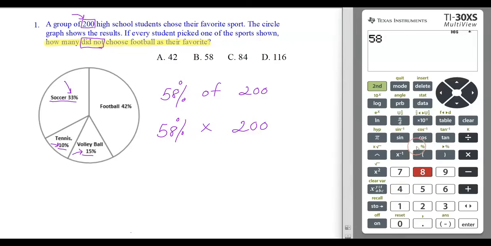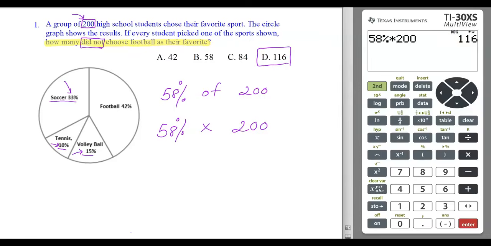Your percentage button is right here above this parenthesis. To access this, just push the second button. Once you hit the second button, all the symbols in green above the buttons are in play. Now I'll hit this. You have 58% times 200. Hit enter, and you get 116.